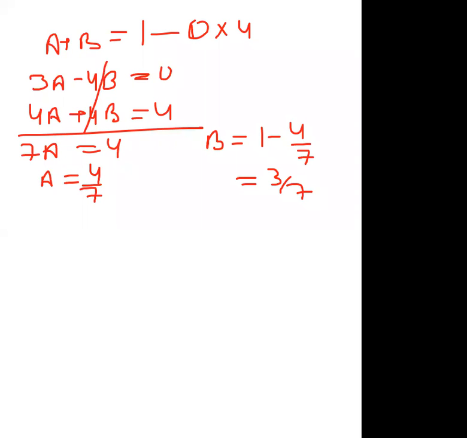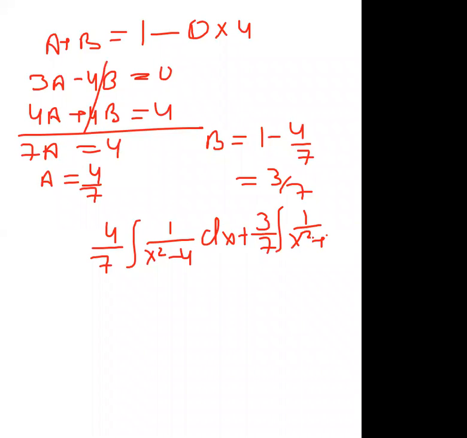So a means 4 by 7 times the integral of 1 upon x square minus 4 dx, plus b, that is 3 by 7, times the integral of 1 upon x square plus 3 dx. Now we need to implement this identity and this other identity.